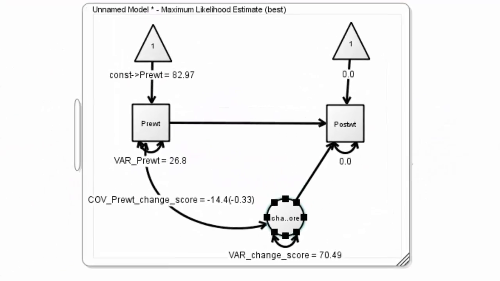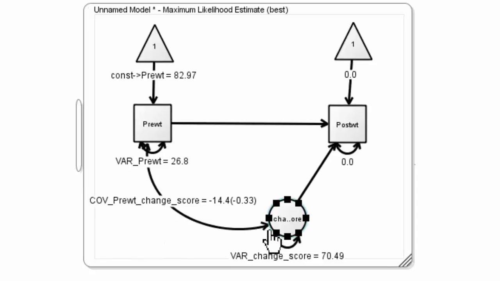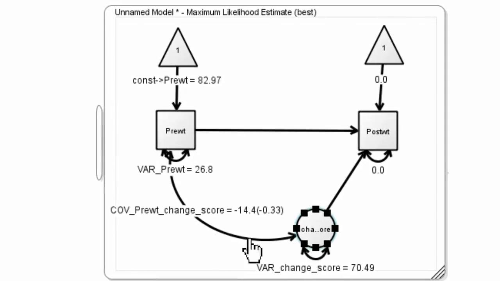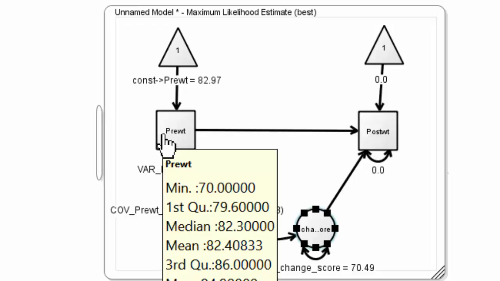Looking back at the actual model in Onyx, you might think, well, why did you draw a correlation line? Because that is saying that we're trying to consider this as being a two-way relationship. There's no direction, but what we're really interested in is this directional relationship. How is the post-weight affected by the pre-weight?